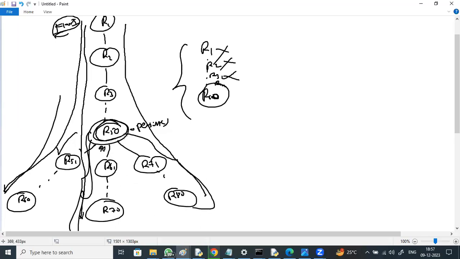Whenever an RDD is persisted, it will be available in the RAM. In flow 1, which RDD is in the RAM? Once flow 2 is executed, which RDD is in the RAM? How many RDDs are in the RAM? Only one RDD, right? R50 remains in the RAM.